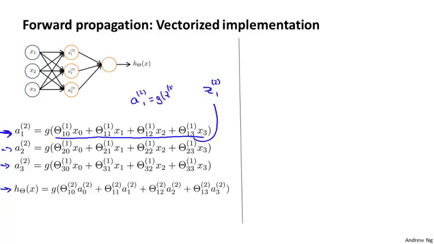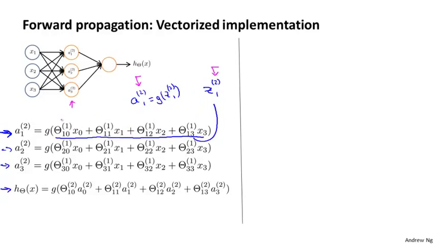And by the way, this superscript 2 in parentheses means that these are values associated with layer 2, that is with the hidden layer in the neural network.